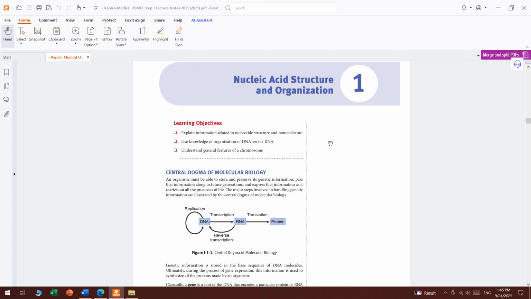In some specific cases, information can flow in reverse, from RNA back to DNA, a process known as reverse transcription. Ultimately, this stored information is retrieved and utilized during a process called gene expression to synthesize all the proteins an organism needs to function.